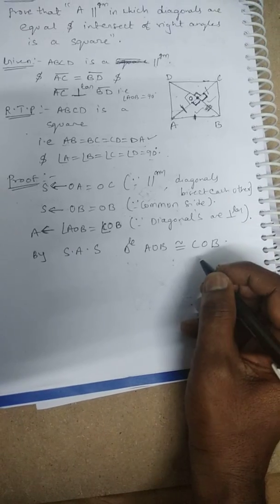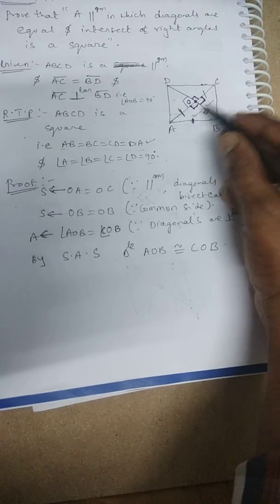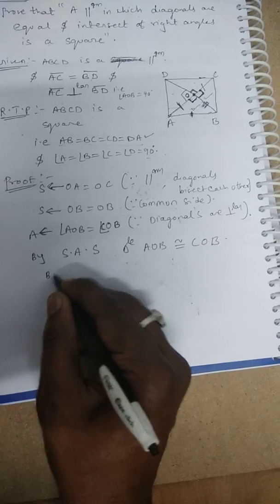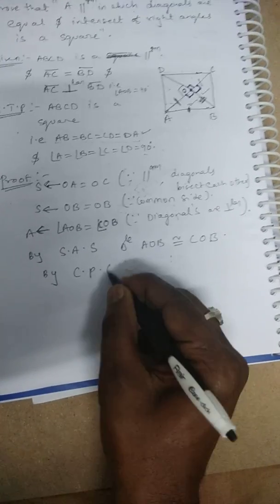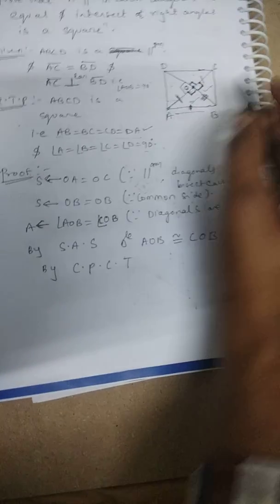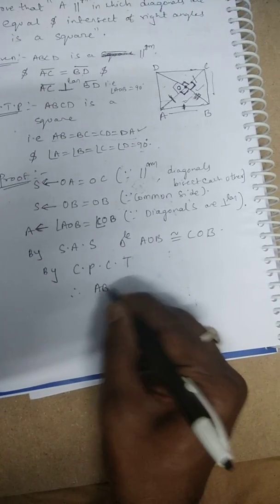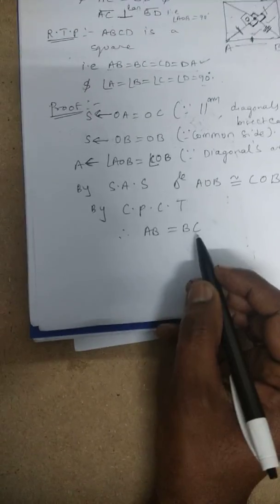These two triangles are congruent. By CPCT, corresponding parts, AB is equal to BC. Therefore, AB is equal to BC.